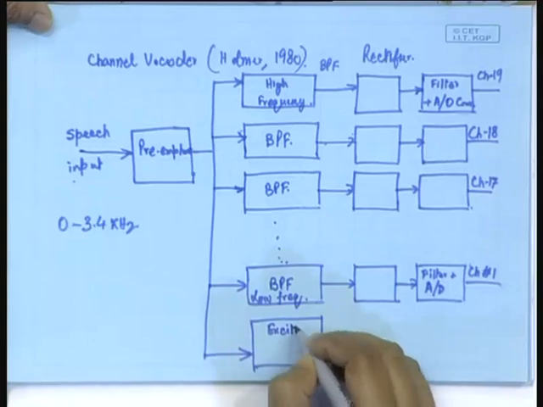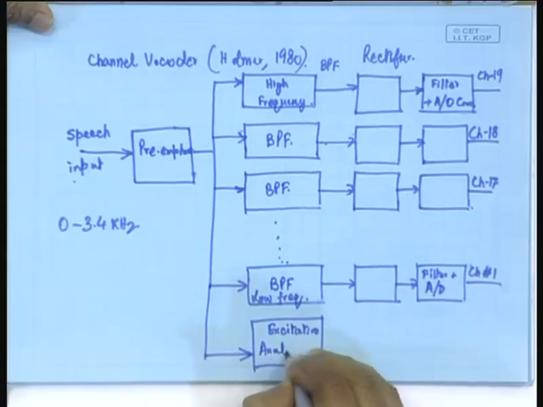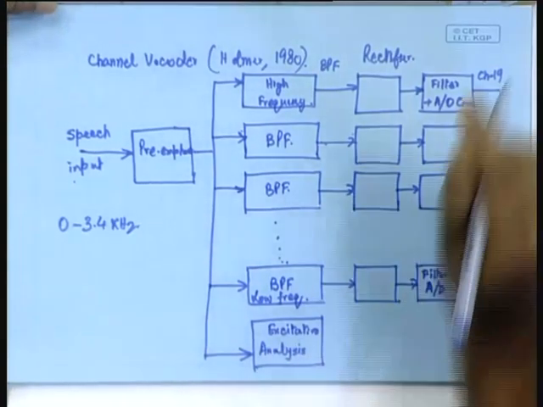So, the pitch information has to be derived from the given speech signal. So, there is an excitation analysis block. In fact, the pitch extraction process is quite standardized, and one of the very popular techniques that can be adopted is the autocorrelation based method.